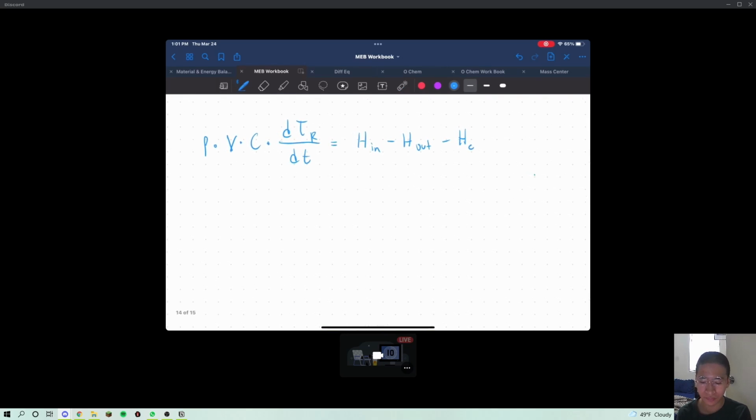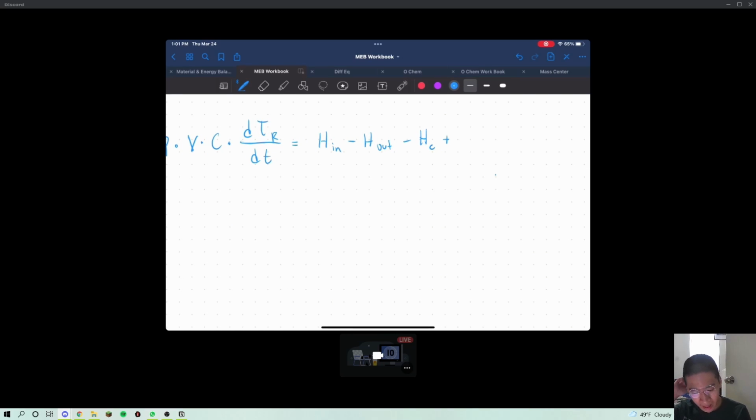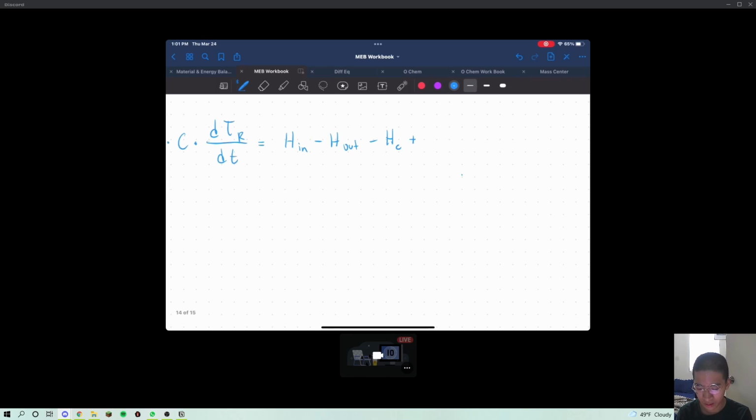And finally, this is a positive term. We add the enthalpy of reaction. It's an exothermic reaction, so it's negative, right?